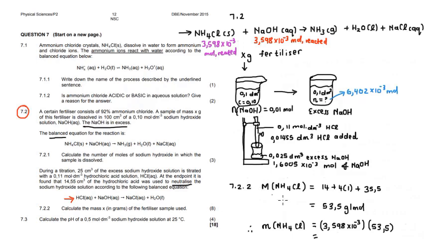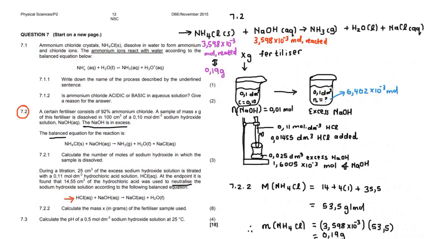If you work that out and write it to 2 decimal places, that gives you 0.19 grams. So the number of moles is equivalent to 0.19 grams of ammonium chloride.